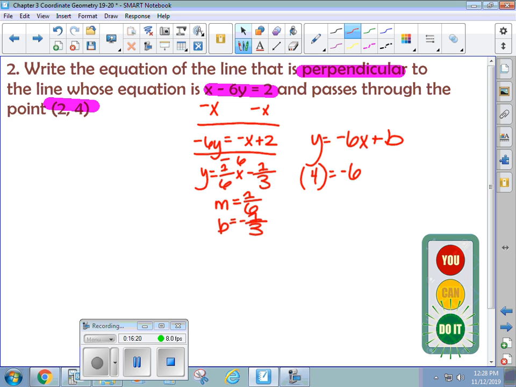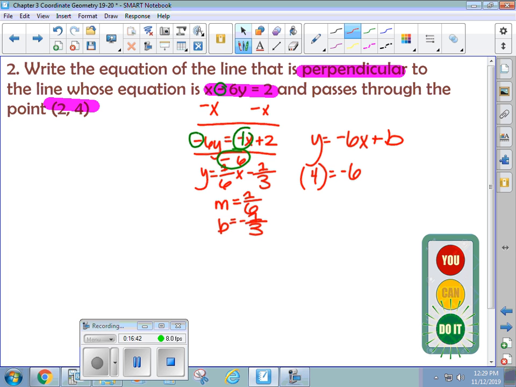So, do we agree we're going to subtract x on both sides? Yeah. Do we agree we're going to get negative 6y equals negative x plus 2? We're going to divide by negative 6. Yes, right. That has to come down. Now, when I have a negative 1 divided by a negative 6, a negative divided by a negative does switch to positive.